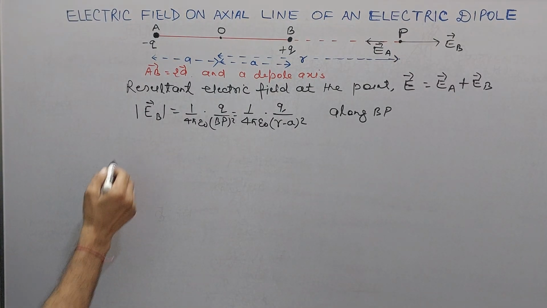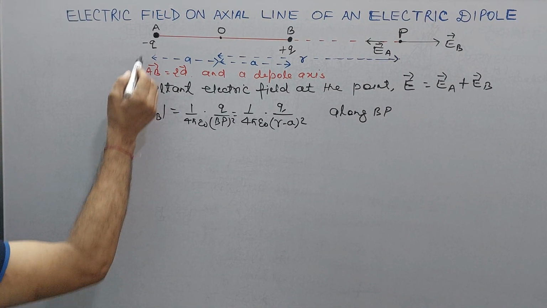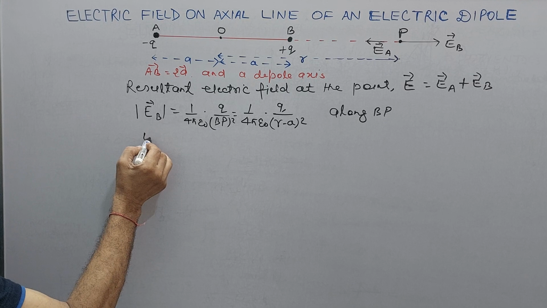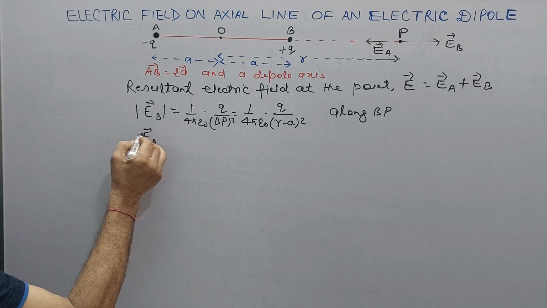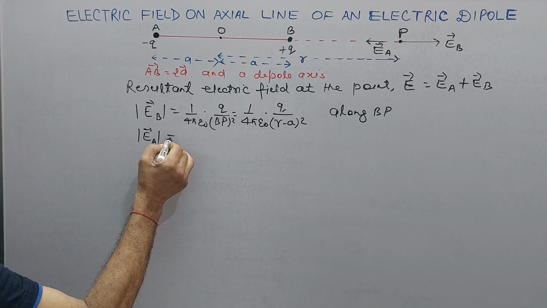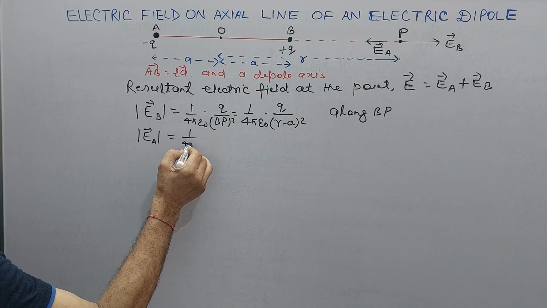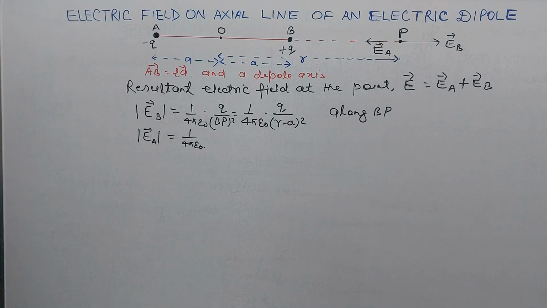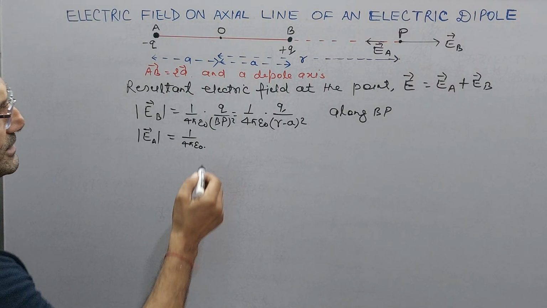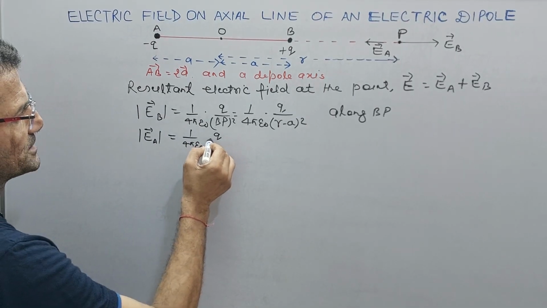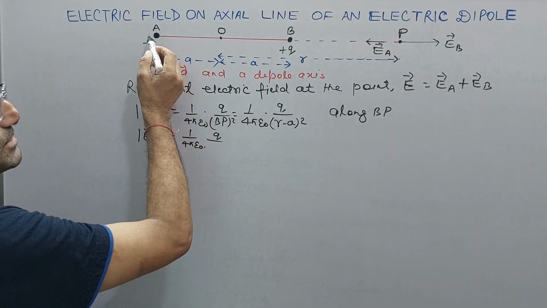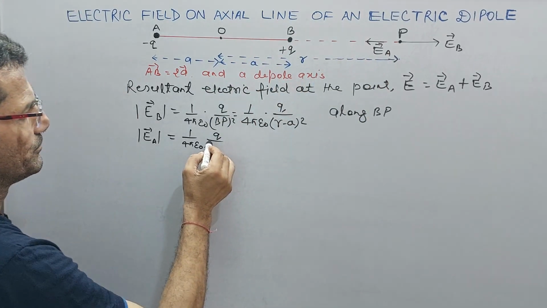And next, the electric field which is produced by minus Q. The magnitude of this one will be 1 upon 4 pi epsilon naught. Don't put the charge here with the sign, only put the magnitude of the charge, which is Q, and the distance will be AP.